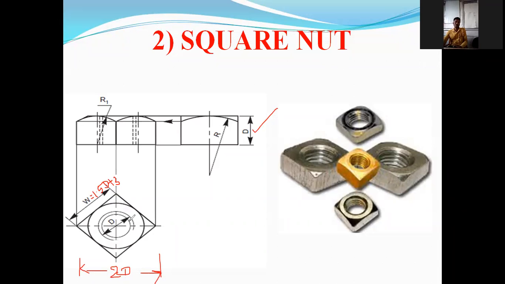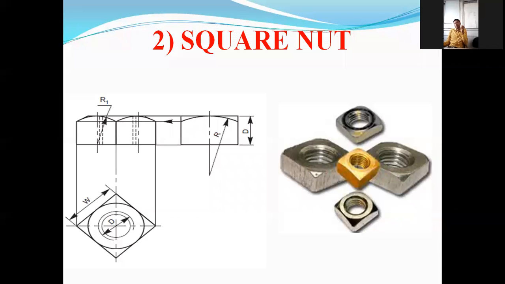Other terminology is same. Who will tell the one line difference between square and hexagonal nut? Periphery is bounded by hexagon in hexagonal nut and periphery is bounded by square in square nut.